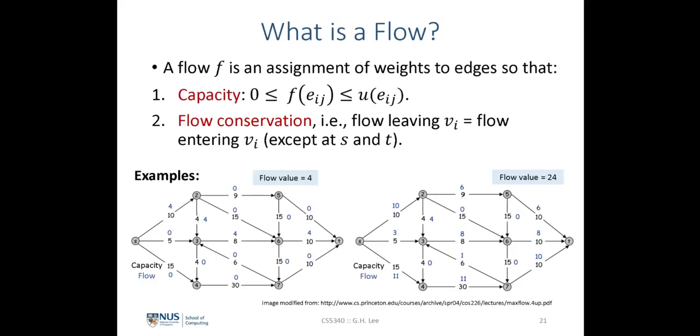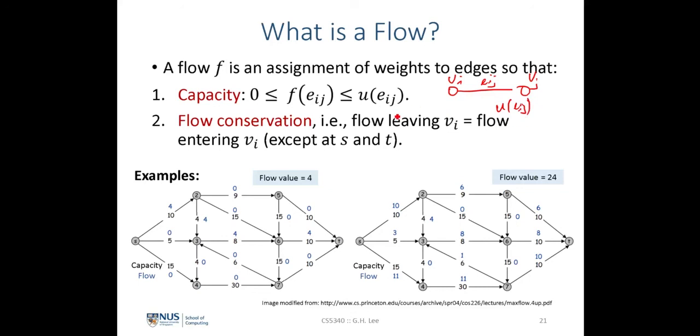So now let's define the flow in a more formal way. As I mentioned earlier in the slides, the flow is an assignment to the weights, so that the flow is always within the limit of the capacity, from 0 to U. We are looking at two nodes, Vi and Vj. We can think of the edge Eij as a pipe connecting the two nodes Vi and Vj, where the maximum capacity that we can send from Vi to Vj is U of Eij.